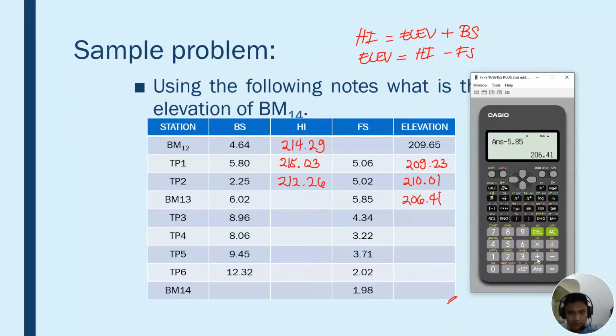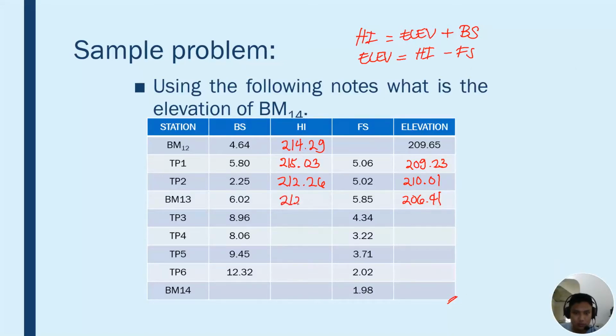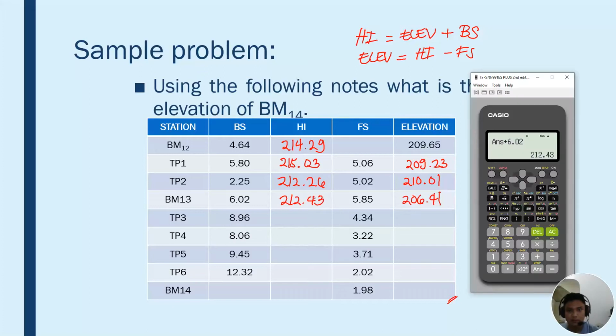Add 6.02, 212.43. Then subtract again 4.34, we have 208.09.